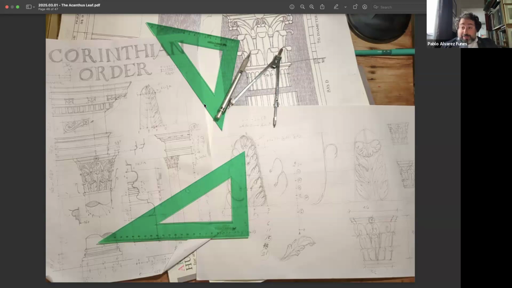You have the symbolic dimension, which is the properly traditional one. You have the scientific dimension, which is the one that is being unbuilt now, the truth behind tradition, and why we do things in a certain way, because of the neuroscience that also justifies why that architecture is beautiful and why we perceive it as beautiful.